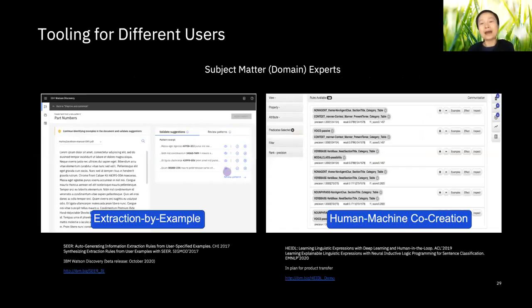For subject matter experts, this is actually our key target right now. We want to support them to do extraction by example, or we can learn rules in advance and then interact with a human so that they can give us additional feedback and co-create the final model. So if you are interested, you can go to the URL here and look at some of the online demos.